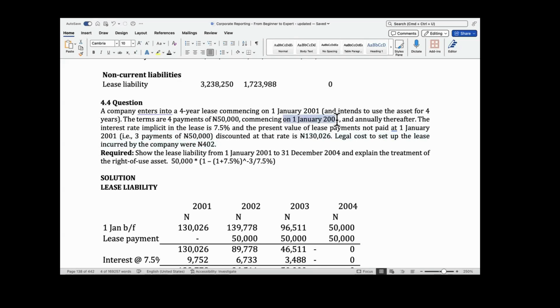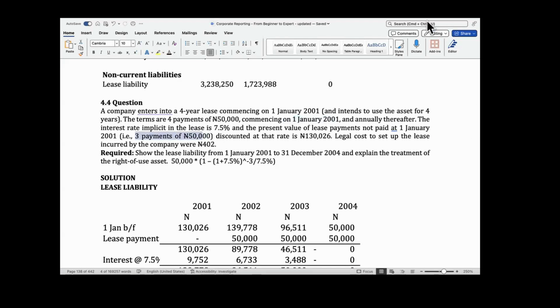Out of the 4 payments, we'll have already made payment of the first 50,000, which goes to show that the remaining payments are just the 3 payments. Those are the ones you will need to discount to present value, because those are now the future payments that need to be discounted. And that's why they only give us the present value of the 3 payments.